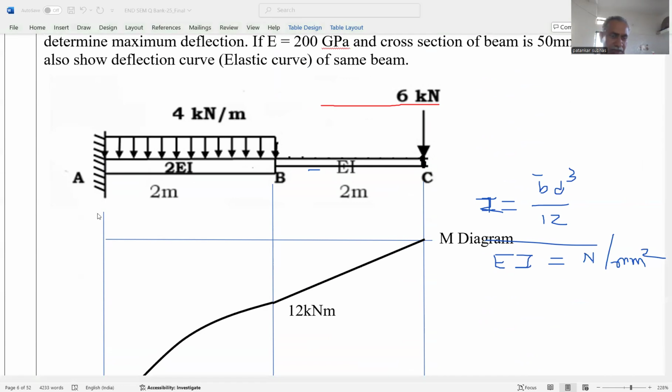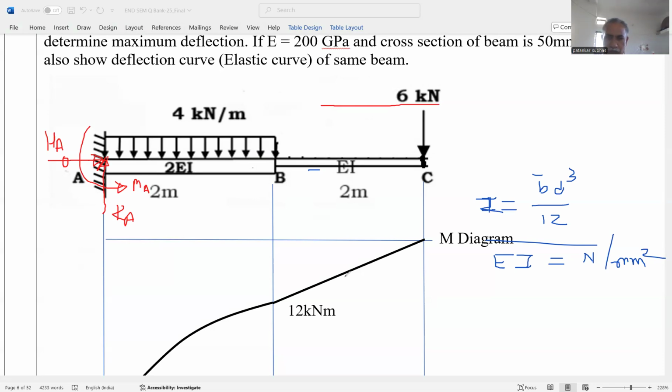So here at support A, definitely there is a vertical reaction, that is RA. Horizontal reaction is 0 because the load is vertical. Therefore, this HA is 0. No need to show. And third is the moment at A because of the fixity, moment at A.